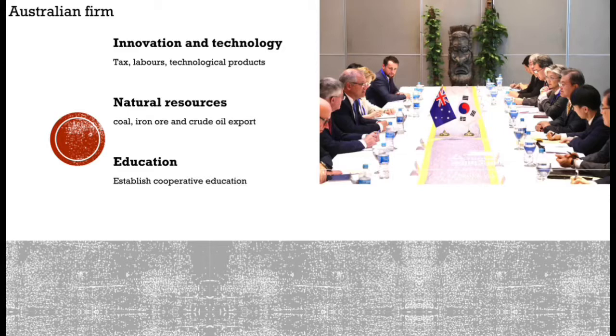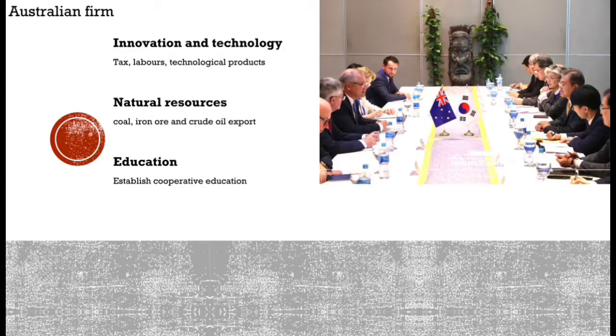South Korea has preferential tax policies and financial subsidies, as well as mature manufacturing and skilled workers. South Korea also has a strong position in technology, such as Samsung and LG. So Australian enterprises have a great basis for cooperation with South Korea in scientific and technological innovation.